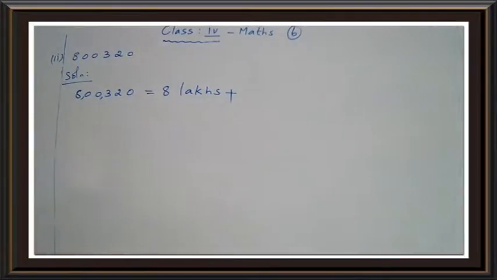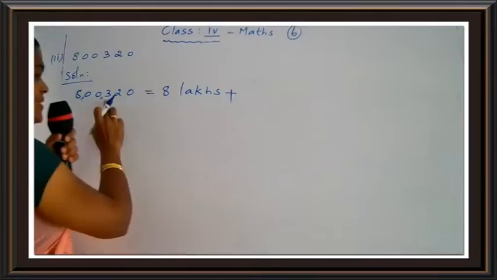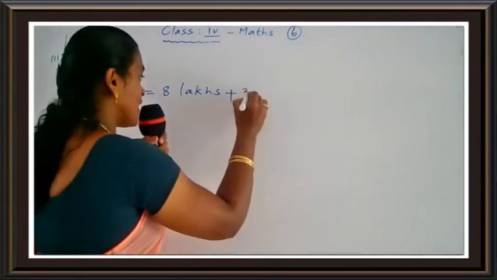So the places which have the digit 0 in the short form are not represented in the expanded form. Okay. So that's why you leave the thousands period. So 8 lakh, this is 0, leave it. This place also 0, leave it. Next you come to this digit. So which number is there? 3. So what is the place value of 3? Ones, tens, 100. Okay. So your place value of 3 is 3 hundreds.